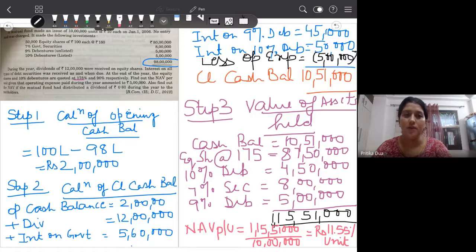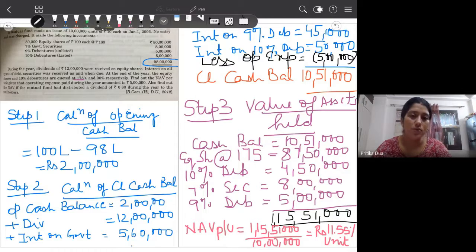Please check any of the steps which is not clear, any value which you don't understand. So in the second part of the question, you are distributing a dividend of 0.80 per unit on the 10 lakh units.